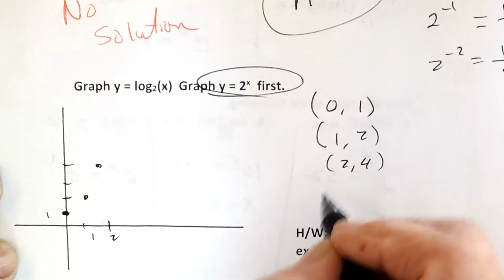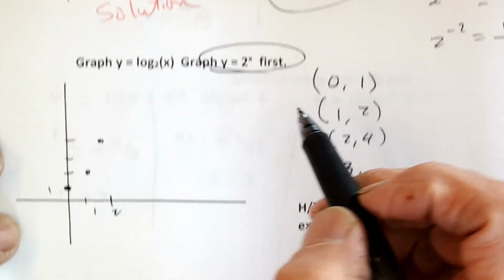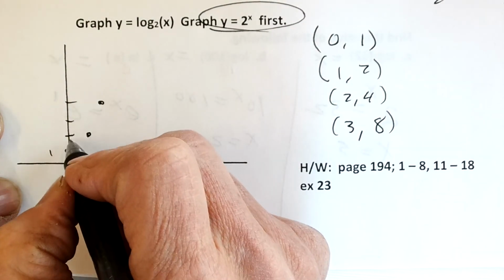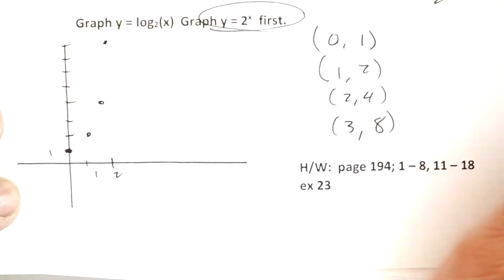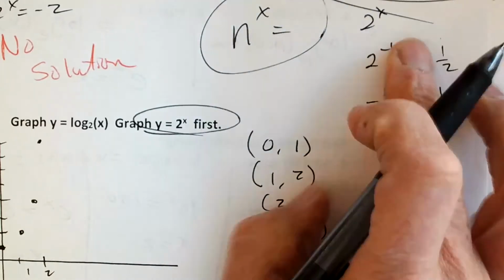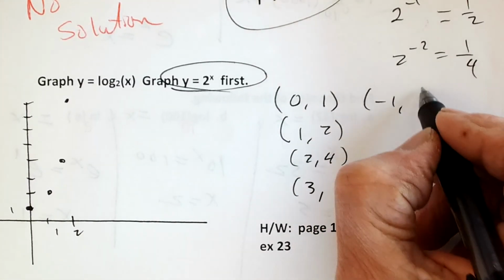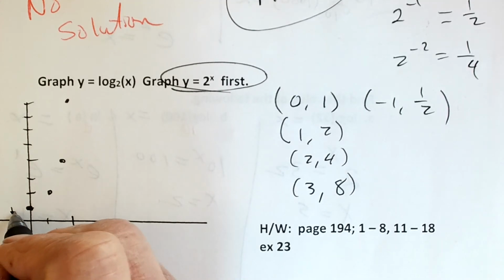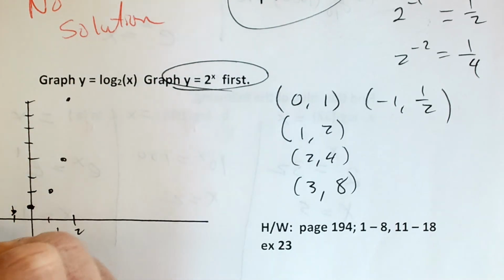And I'll do one more. If I plug in 3, I get 2 to the 3rd power, which is 8. And over here, if I plug in -1, I get 1/2, and 1/4. So my exponential graph looks like this.